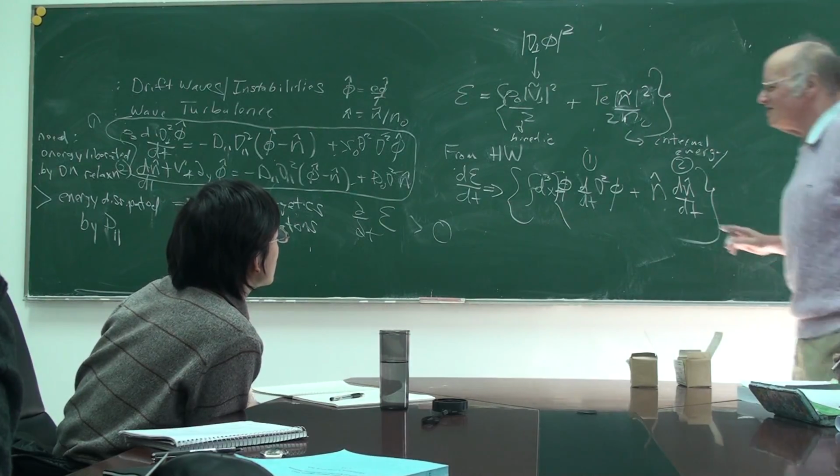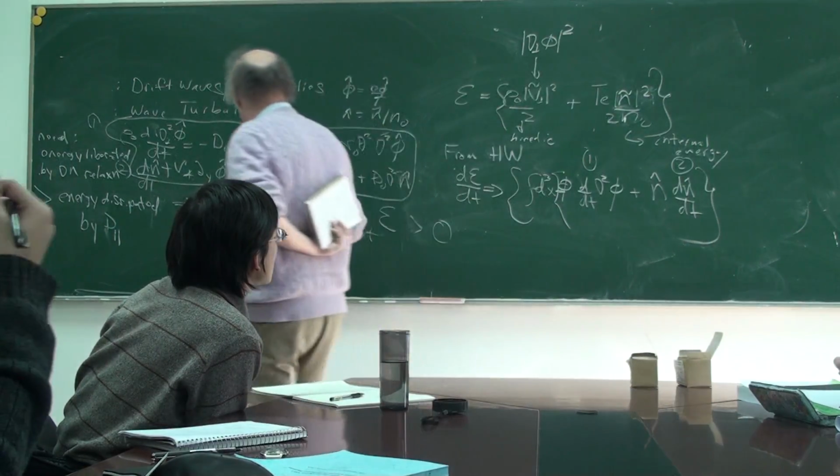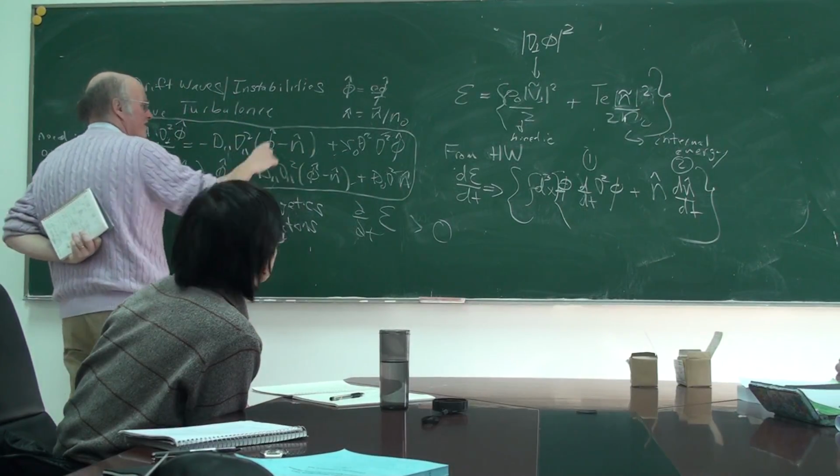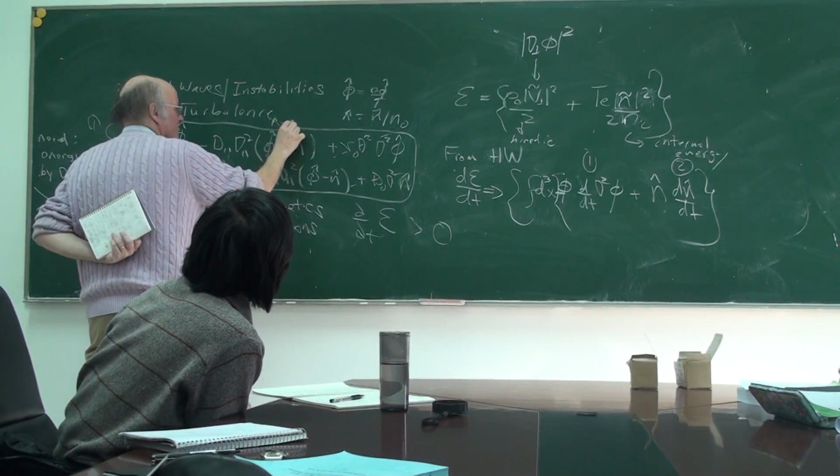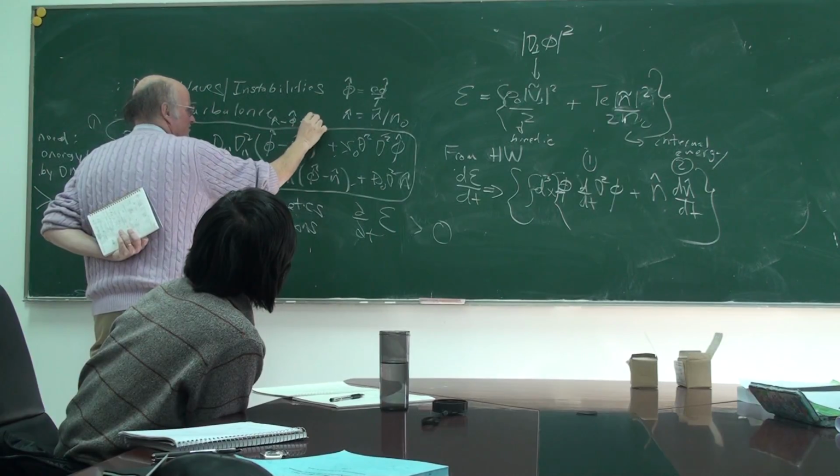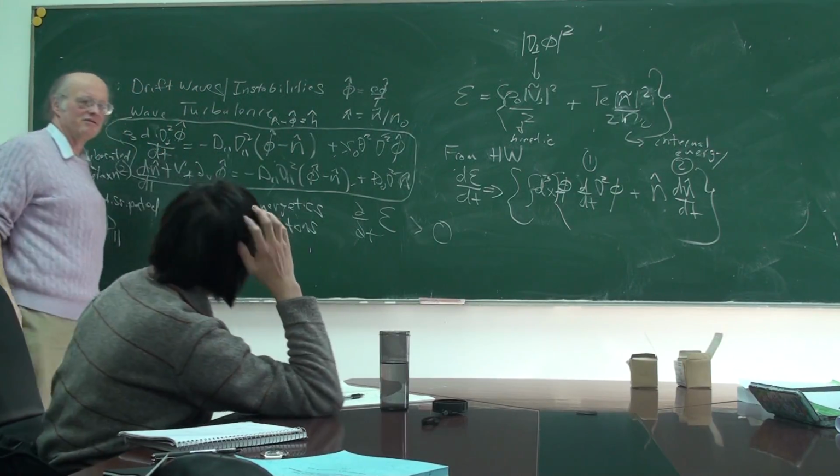So how could we, in terms of this, write n minus phi as equal to h, our non-adiabatic part?